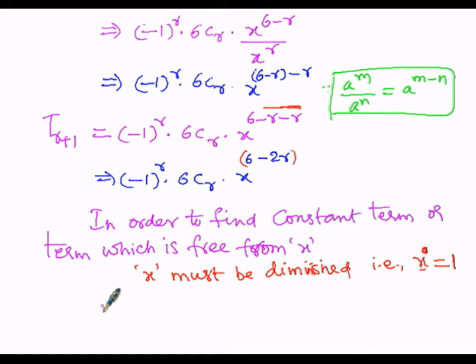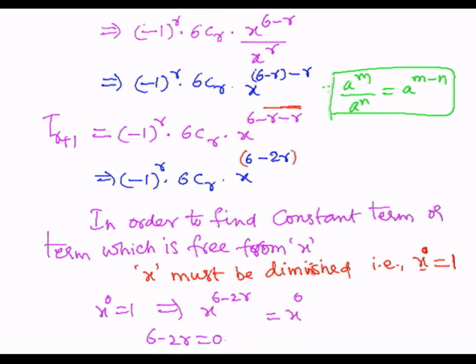So x to the power of 0 is equal to 1. That implies x to the power of 6 minus 2r must be equal to x to the power of 0. So 6 minus 2r is equal to 0.